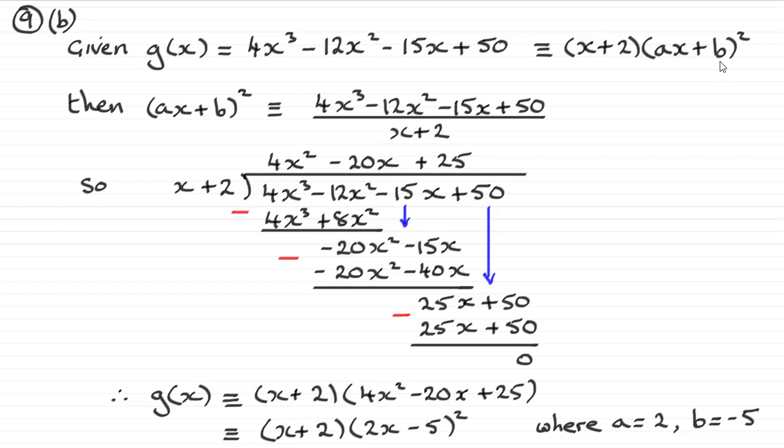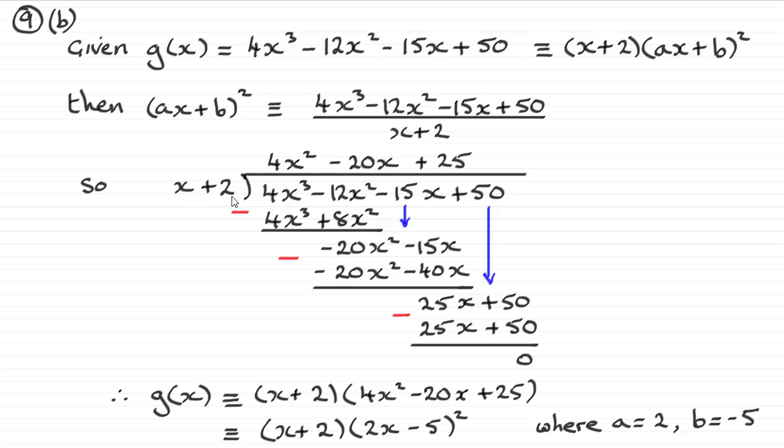So I'm going to show you the algebraic long division method here, which is an alternative method that might suit your style. So in order to get ax plus b all squared, I need to take g of x and divide it by x plus 2, as you can see here. And we carry out algebraic long division then.